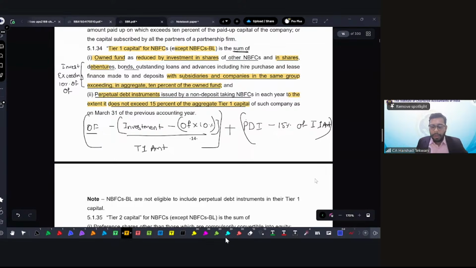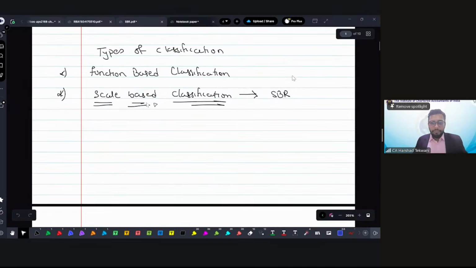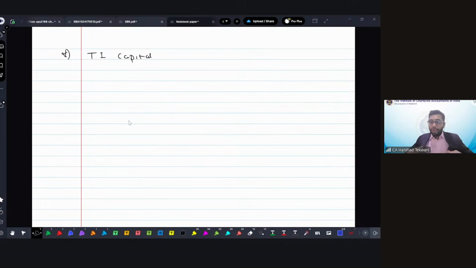Okay. So let me simplify the formula for you guys again. I'll simplify the formula in here. T1 capital. T1 capital was a sum of two things.